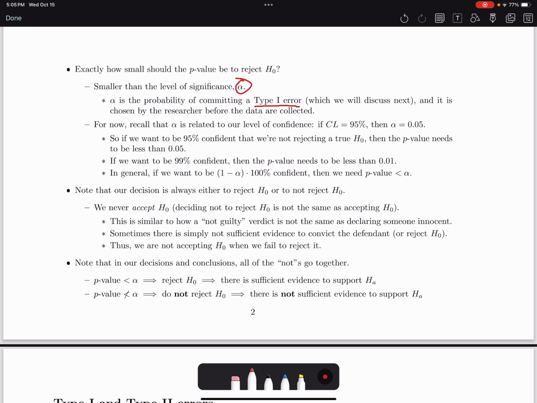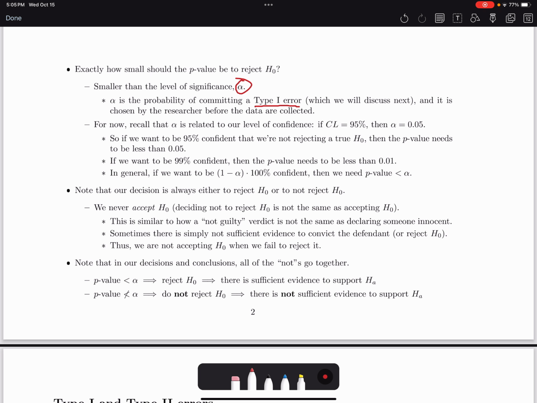Now, alpha is chosen by the researcher. In this class, we've never had to choose the level of significance. It's always been given to us. But the way that the researcher would make that decision of what level of significance to set is based on the severity of making a type 1 error.